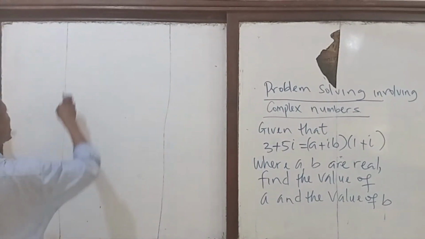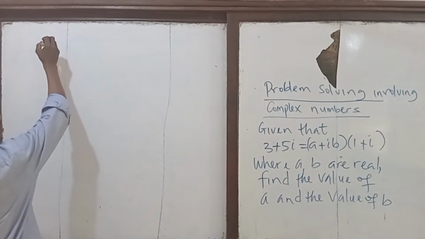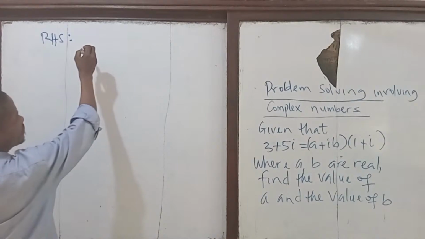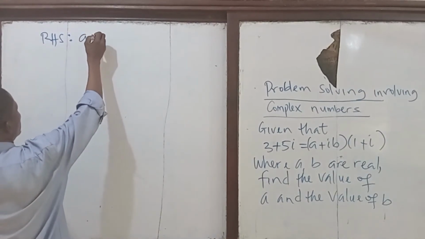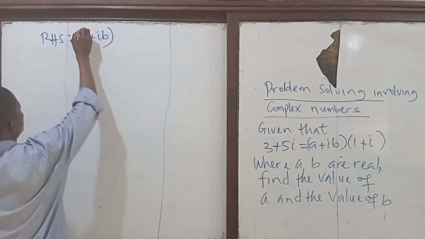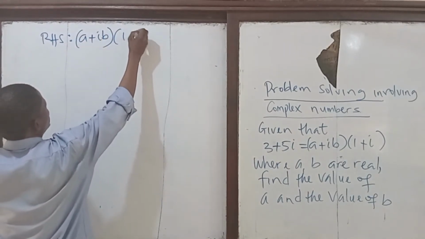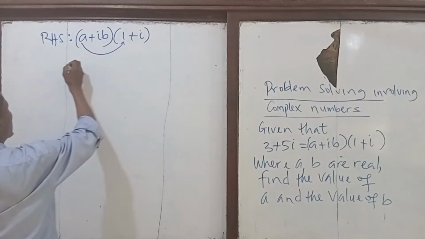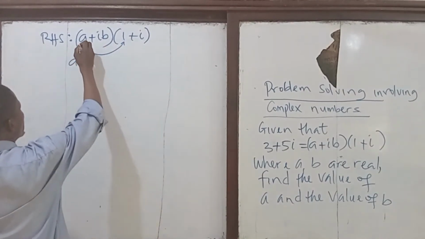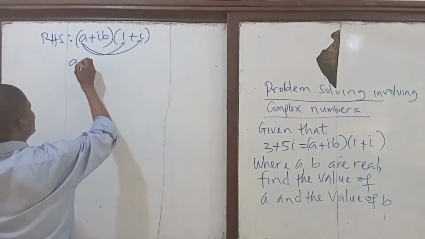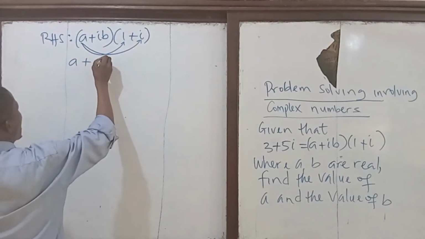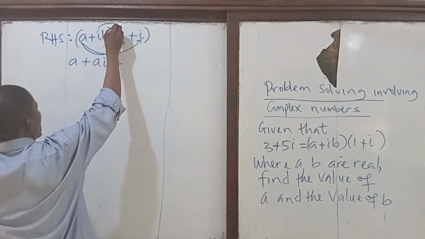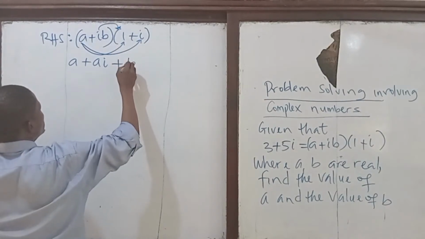On the right hand side, we have a plus ib, times 1 plus i. So do the expansion. That will be a times 1, that's a. And then a times i, that's ai. Plus ib times 1, we have bi.